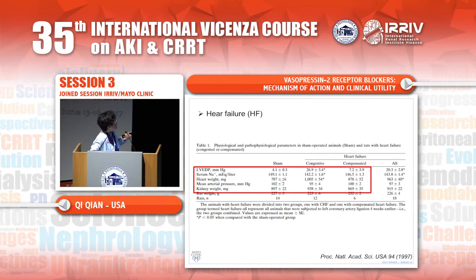If you're looking at the heart failure animal model, even at the compensated state, there's a significant increase in end diastolic pressure, 4.1 versus 7.2. During the decompensated state, there's a further increase of end diastolic pressure, decreased serum sodium, increased heart weight, increased kidney weight, and the mean arterial blood pressure is reduced.